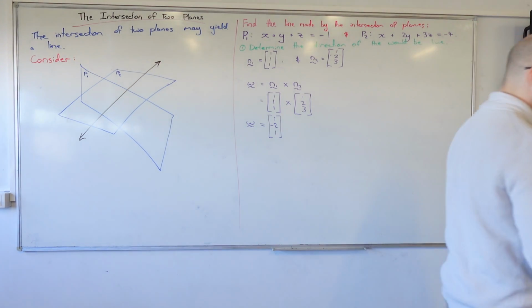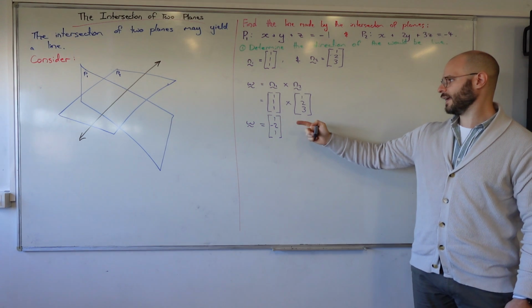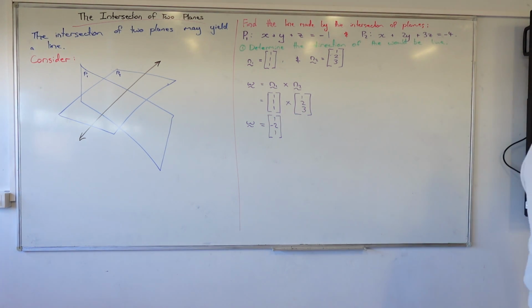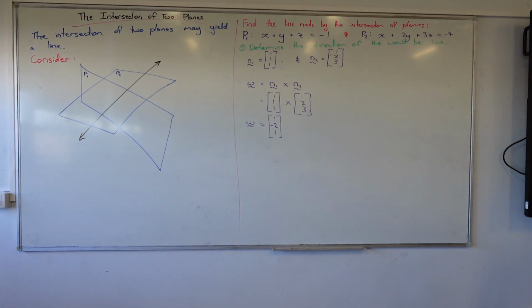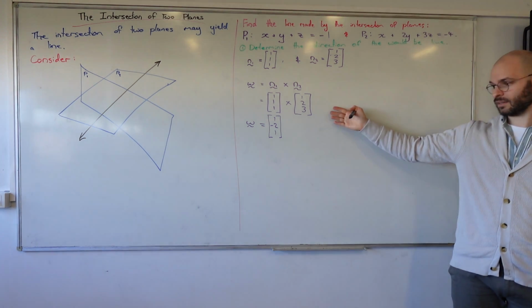Before we even calculate the cross product, we have to think, what if our two normal vectors here are scalar multiples of one another? What would that suggest? The planes are potentially parallel or coincident. If they're either parallel or coincident, is there any point going past this point here?